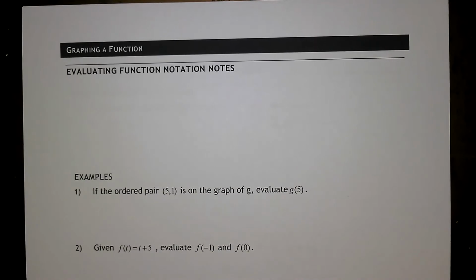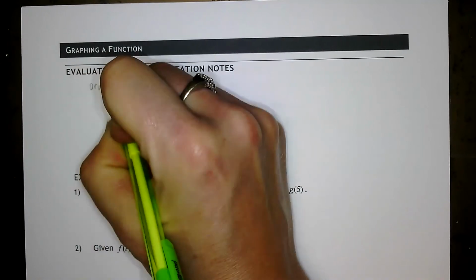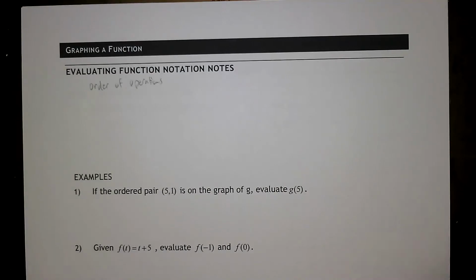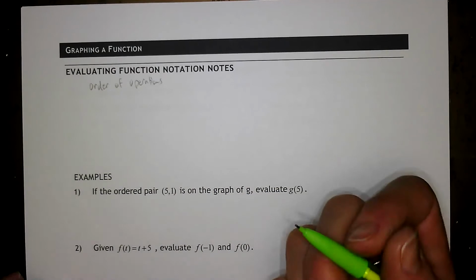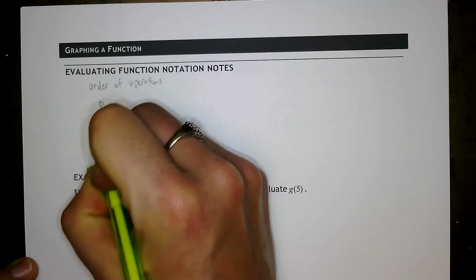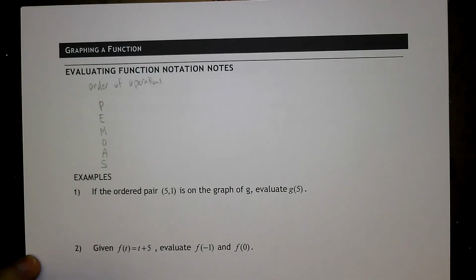So before we move on to the examples, I also wanted to remind you about the order of operations. Now, we all learned our own acronym or catchy phrase to help us remember the order of operations. I remember PEMDAS. But there are a couple of extra things we have to remember.